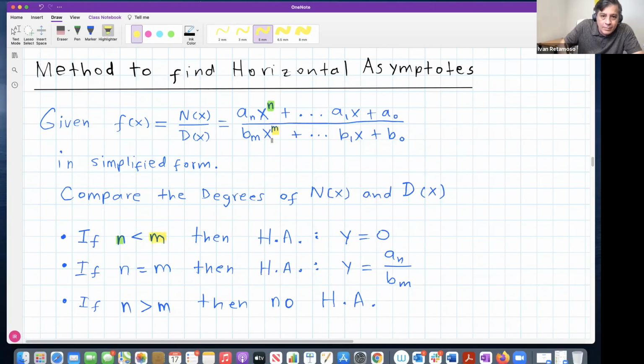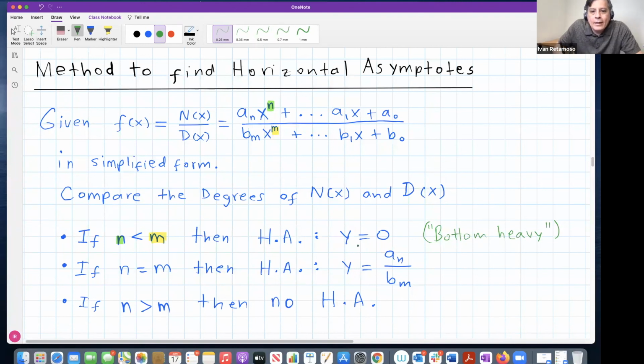Why? Because the bottom is dominating, in the sense of the degree. So conclusion, guys, for bottom heavy rational functions, they come with a horizontal asymptote y equals 0, right?